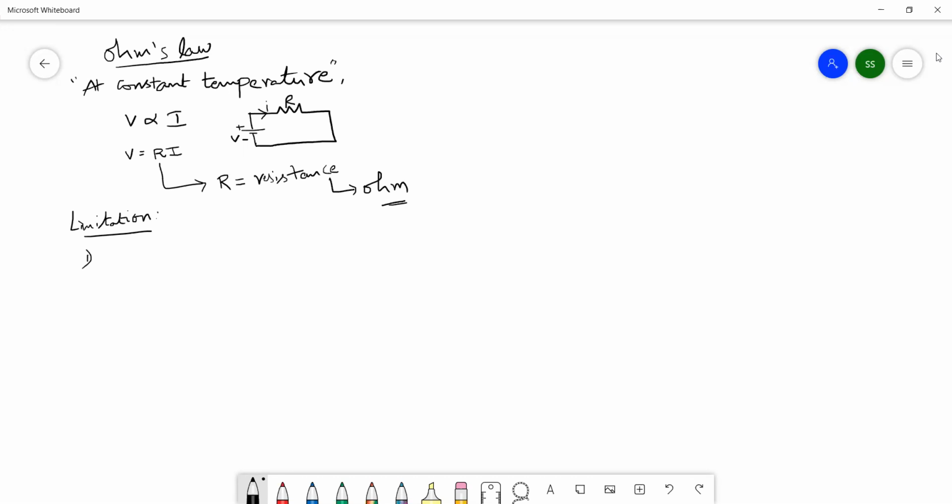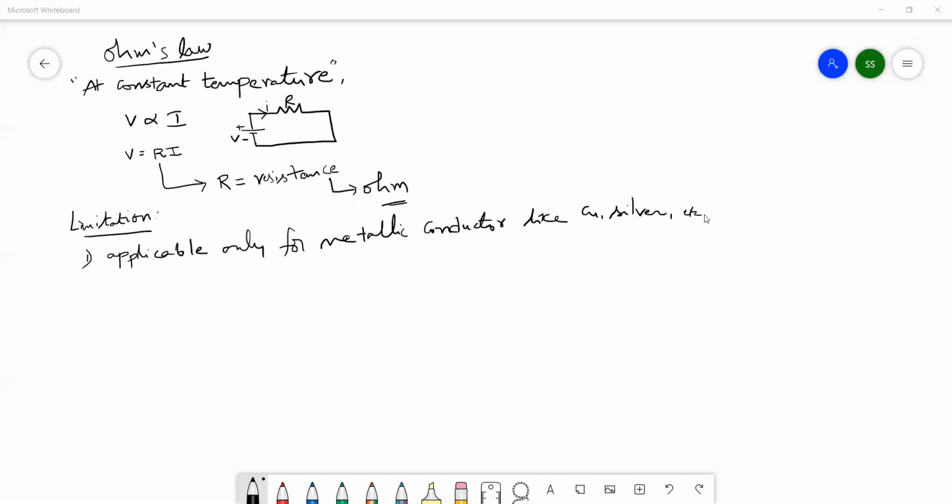Simply, it is applicable only for metallic conductors, in the sense of copper, silver, nichrome, like this.